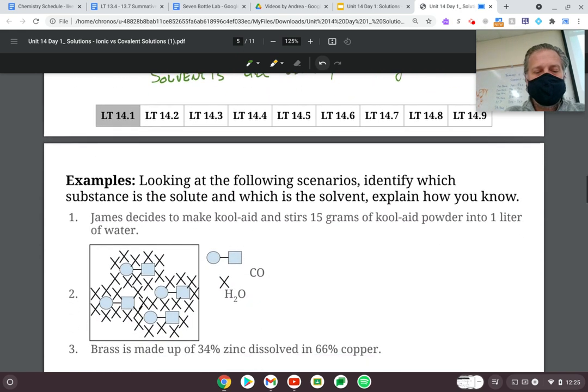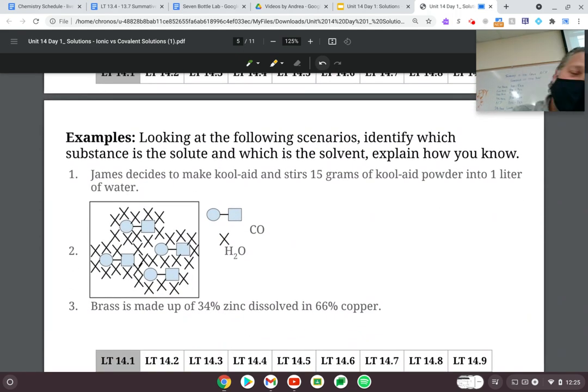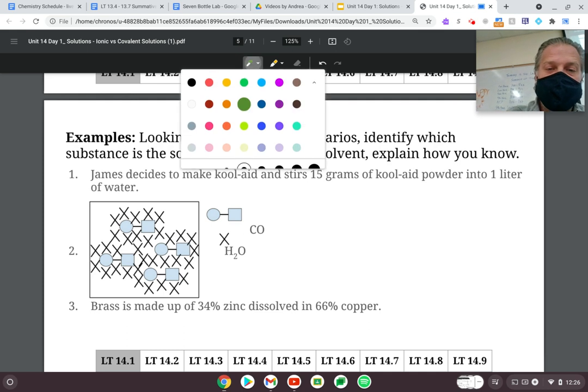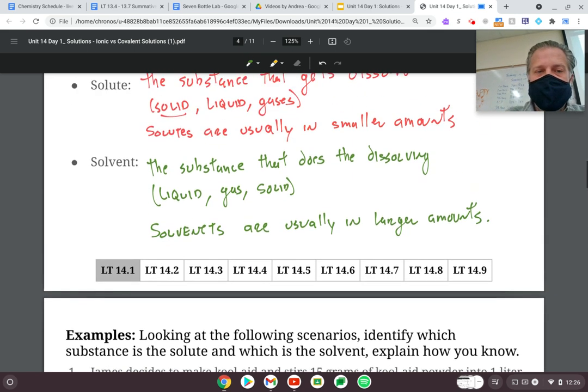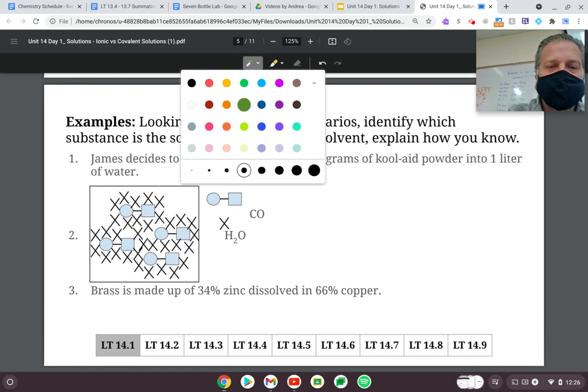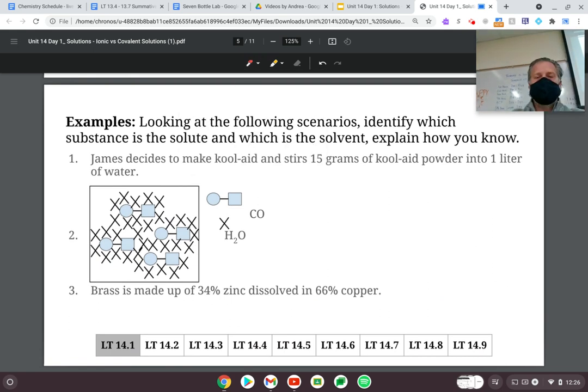So I'm going to roll through here and do a couple of examples. We have a gentleman named James who decides to make Kool-Aid and stirs 15 grams of Kool-Aid powder into 1 liter of water. Our task at this point is to identify which is the solute and which is the solvent. In this case, the solute would be Kool-Aid and the solvent would be water.